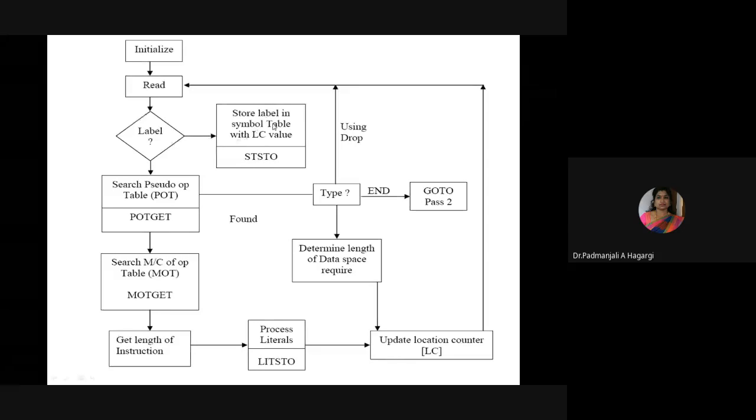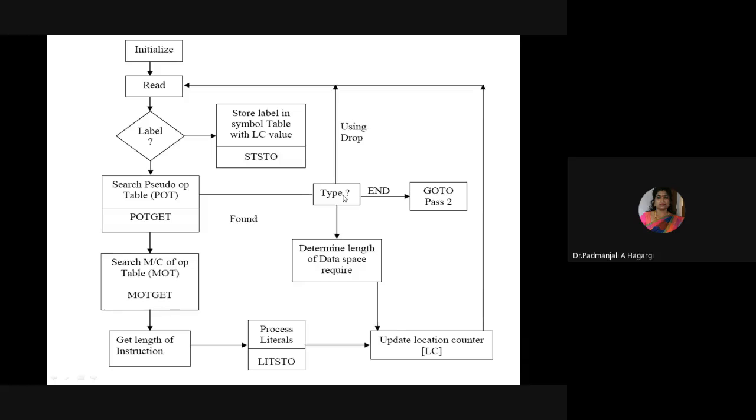If the label is found, it stores the label in the symbol table with its location counter. Here, if the pseudo operation table is found, it detects what type it is, whether it is imperative or declarative.